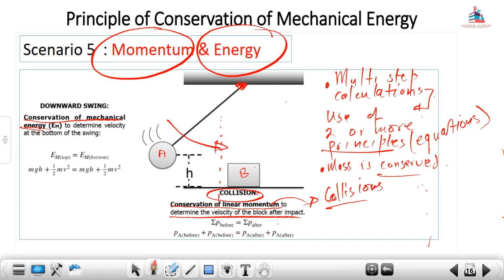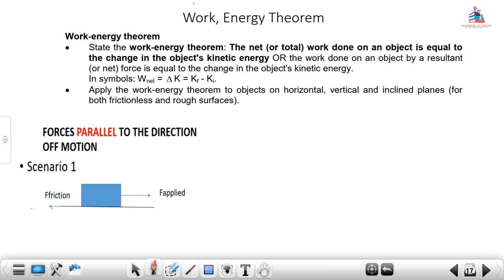Let me now move to the work energy theorem. So we are linking the concepts of work together with the concepts of energy. The first part is taken as it is from the exam guideline.